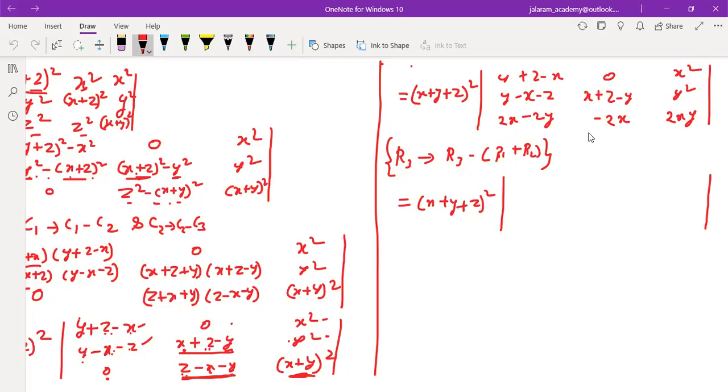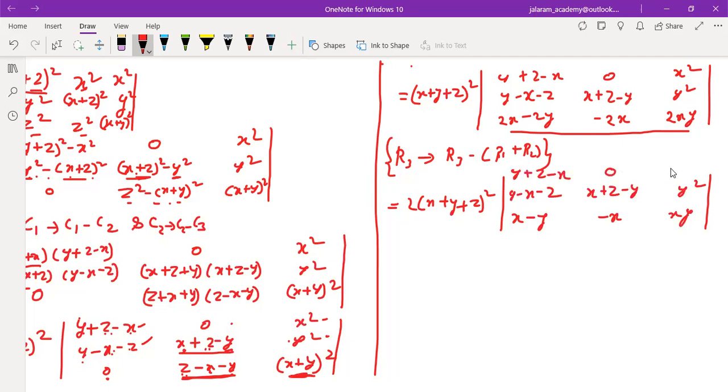Now 2 is common in the third row, so we can take it common from the third row, and it becomes x minus y minus x, xy, y minus x minus z, x plus z minus y, y square, y plus z minus x, 0, and x square.